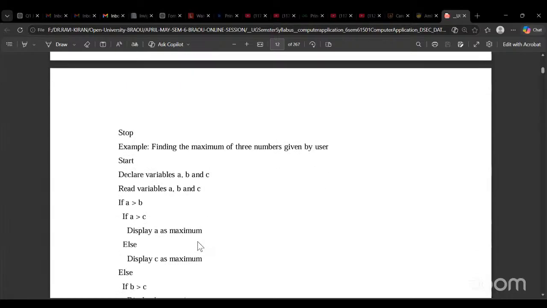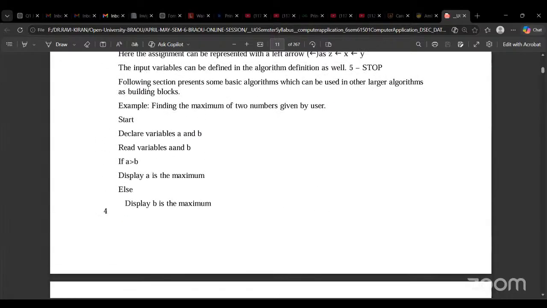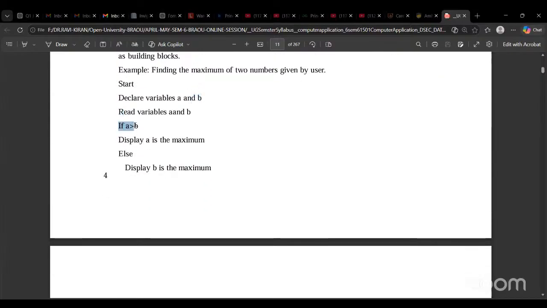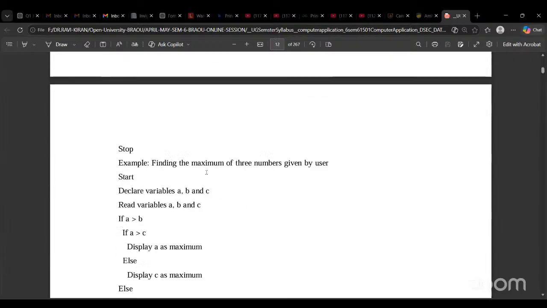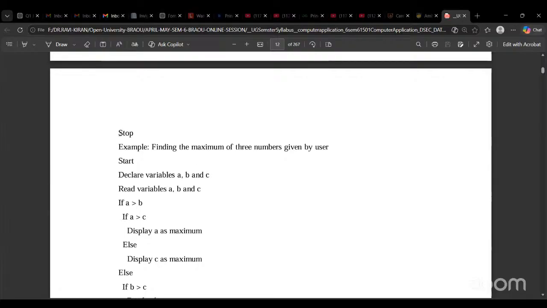So like that, you can stop here. So for that, we started and we declared the variables A and B. And after that, we read the variables A and B and we applied the condition A greater than B and displayed A is the maximum, else displayed B is the maximum. And we stopped that.